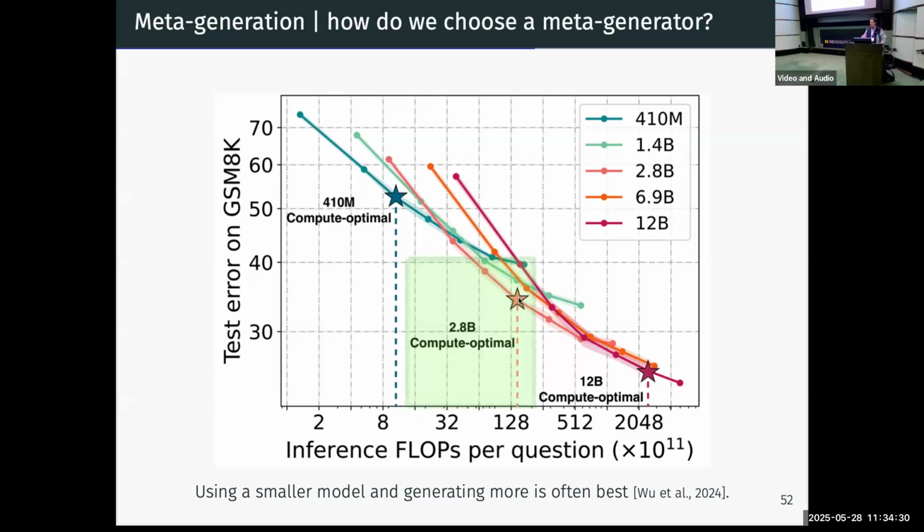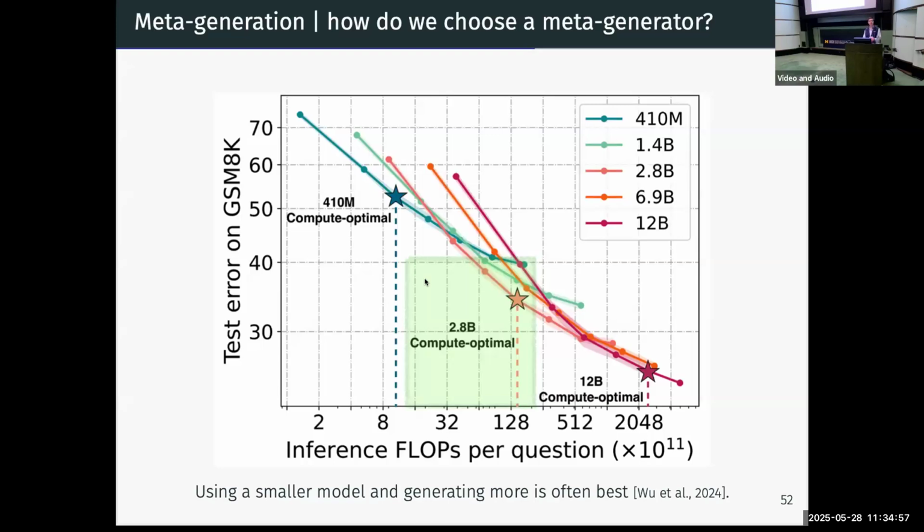The surprising, or interesting, thing is that for some budgets, it's actually better to use a smaller model and generate more than to use the larger model. This has different implications. Let's say you're trying to have a model running on your phone. Then you might have a smaller compute budget than you would if you have a whole farm of GPUs.